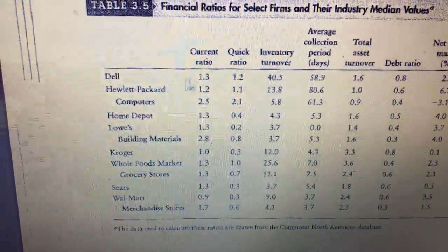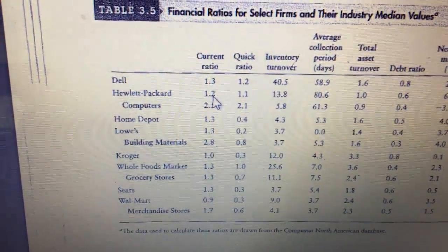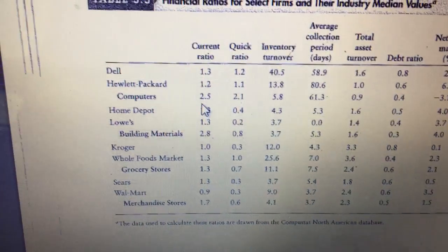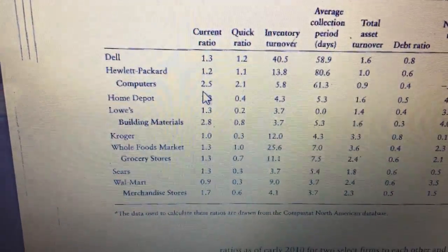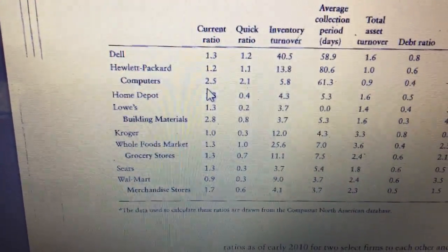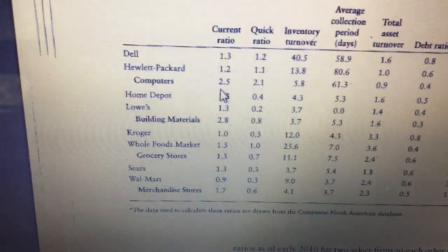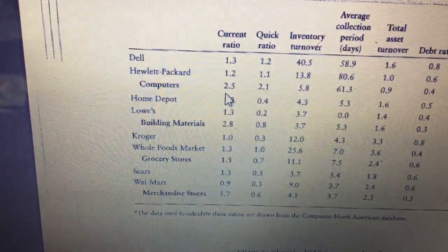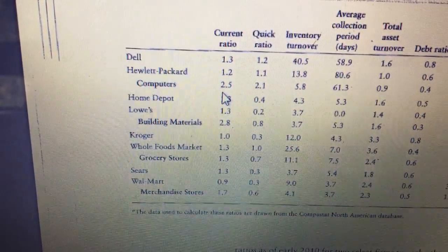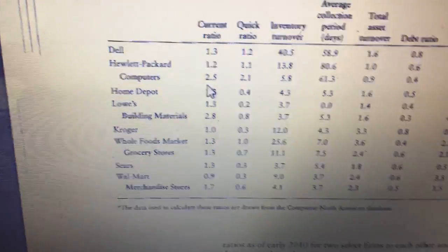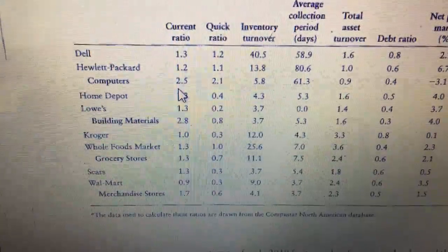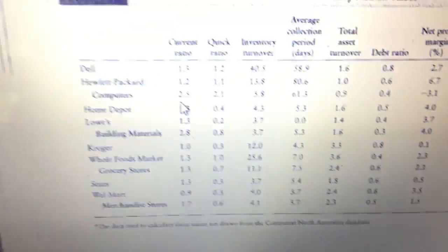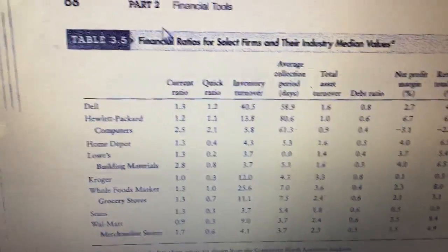So you can compare to other companies, Dell, Hewlett-Packard for Apple, or you can compare to the industry ratio as a whole, which is an average of top companies in that industry, to give an overall average of how the ratio should appear. And accountants use this to make analysis of how the companies are doing. Okay, so benchmarks, we want to take a look at that.